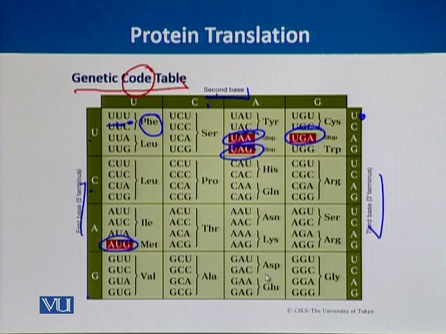So we take the last example here, CAG, C from here, A from here, and G from here. The codon will be CAG, and it codes for GLN, meaning glutamine. So it means we can determine any of the amino acids that are coded by the 3-letter codons.